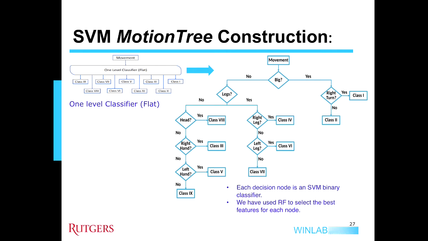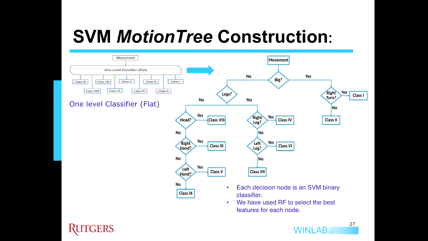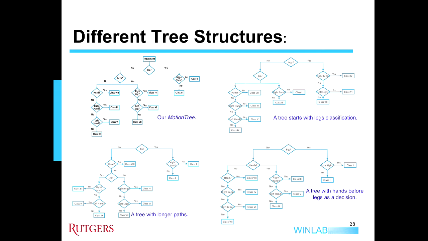Someone can ask, why did you use this exact tree design, this exact tree structure? This tree is intuitive in some way, because it's easier for us, as a body part, to distinguish big from small in the beginning, and upper from lower next, and so on.